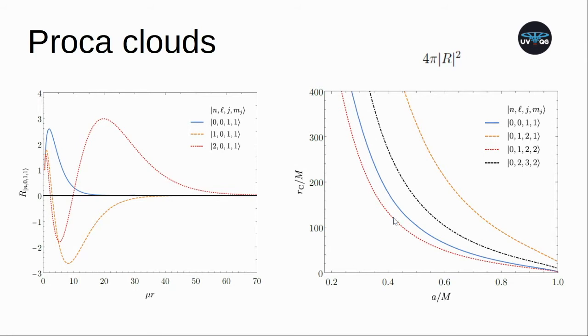That means that as we go to smaller angular momenta of the black hole, the cloud gets further and further away from the black hole. This is consistent with the fact that we do not have this kind of clouds around Schwarzschild black holes. Schwarzschild black holes cannot support these kinds of solutions.